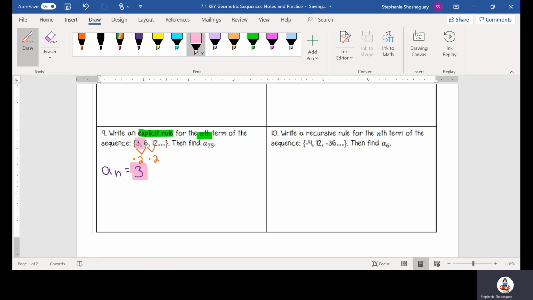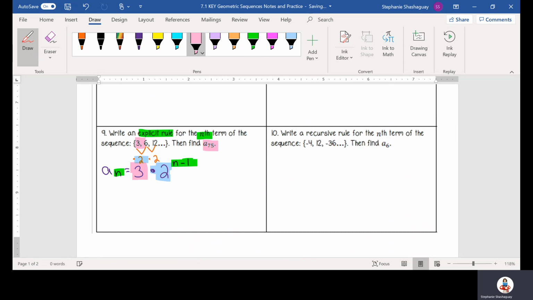First term goes first when I'm in the explicit rule. The first term is 3. I'm going to multiply that first term times the ratio, which is 2, and that's going to be raised to the nth minus 1 power. We don't know what n is yet. We're just writing the explicit rule.